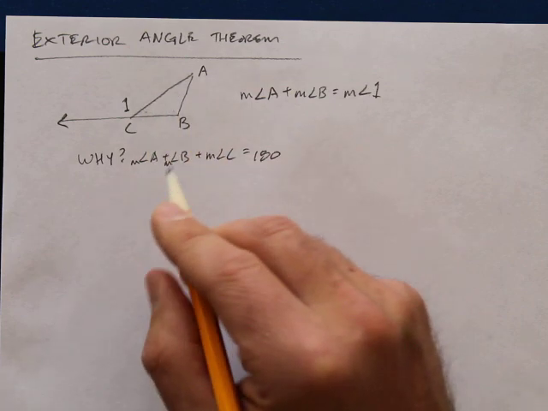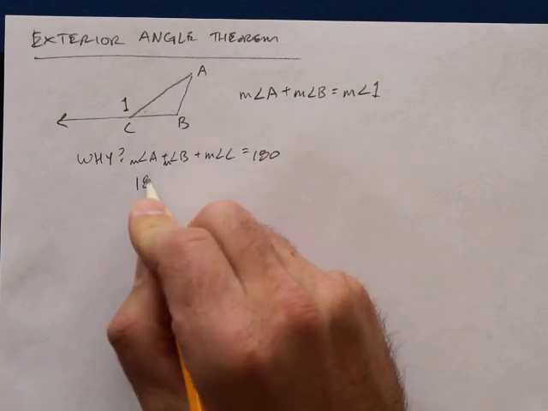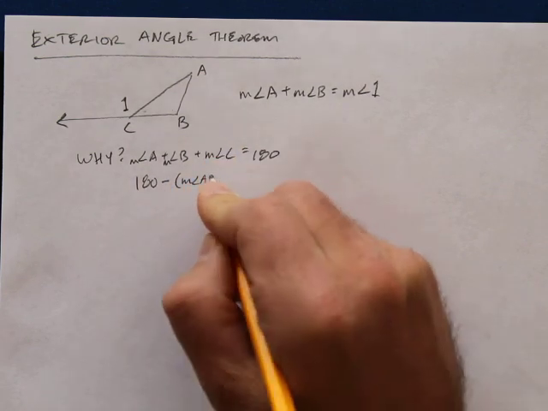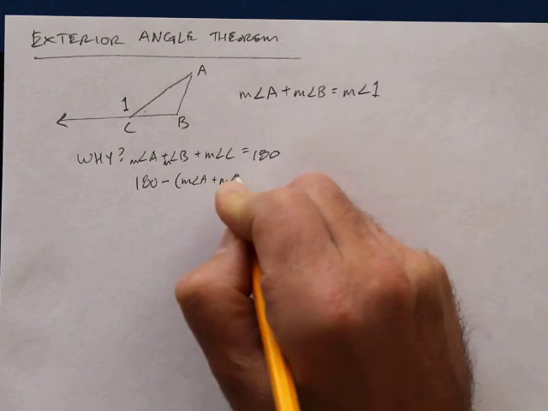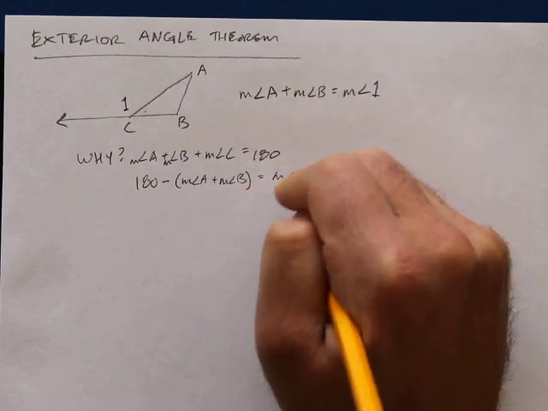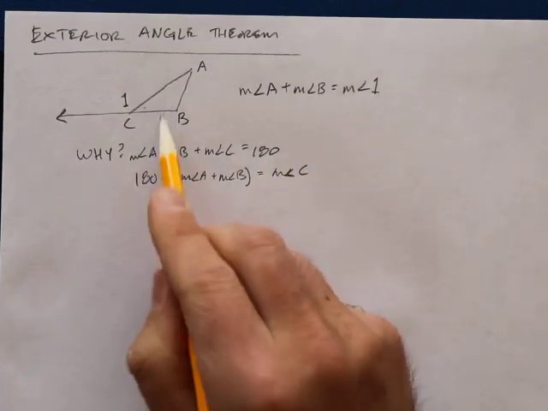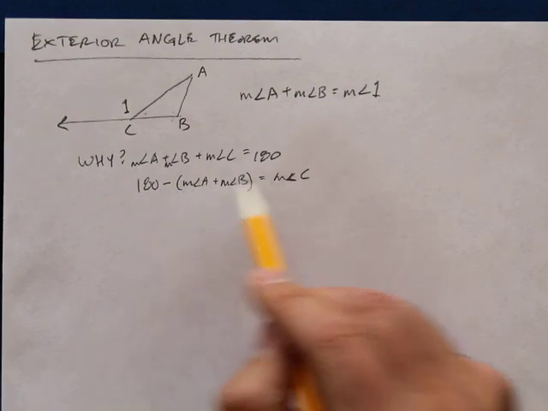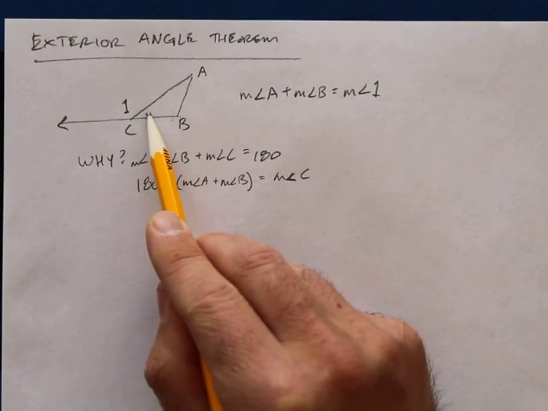So 180 minus the measure of angle A plus the measure of angle B equals the measure of angle C, right?